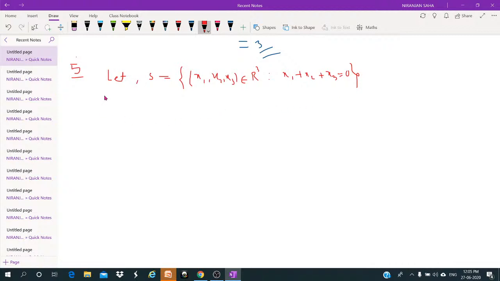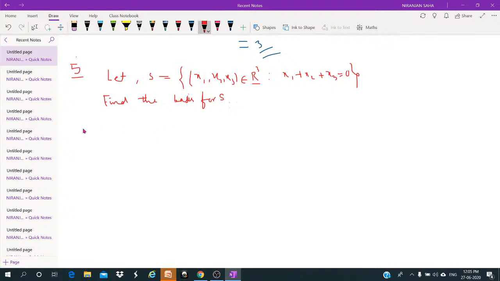So find the basis for S. It is a subspace of R3.